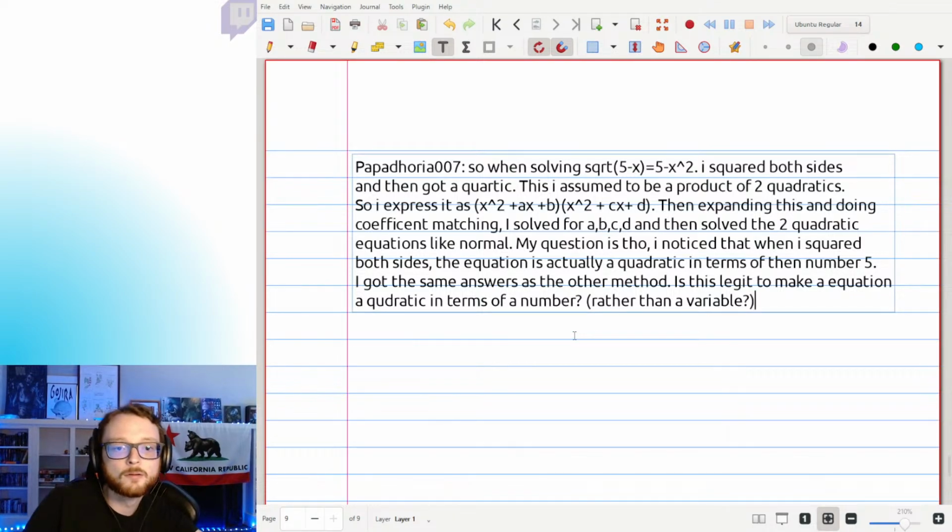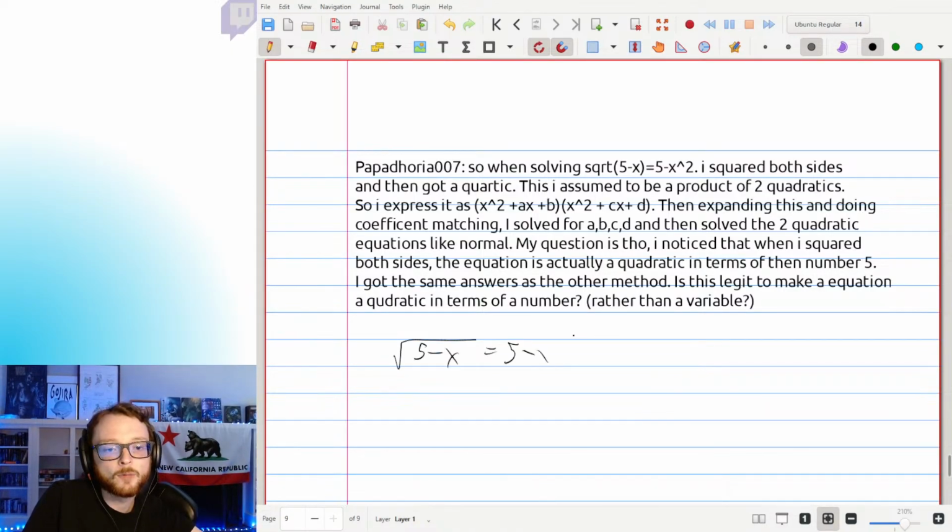Okay, so you're thinking about root 5 minus x equals 5 minus x squared. Wait, if you square both sides, oh well, no, not necessarily. Okay.